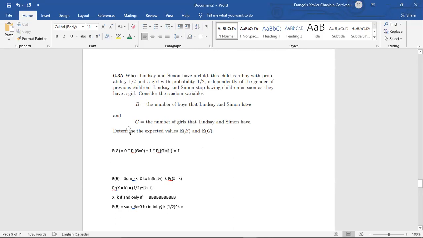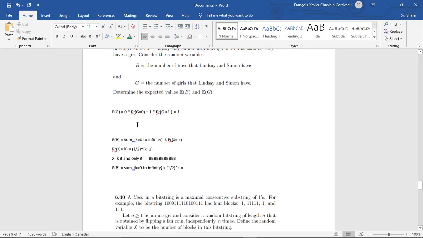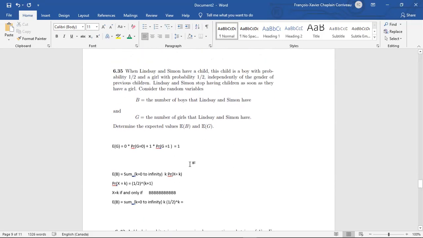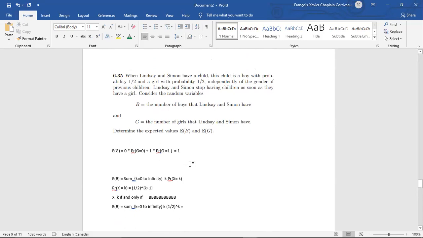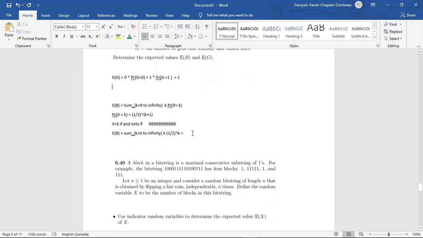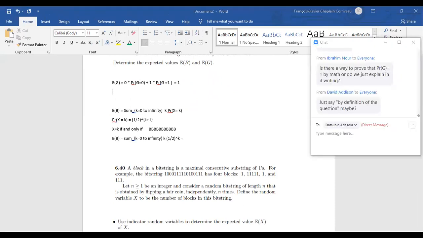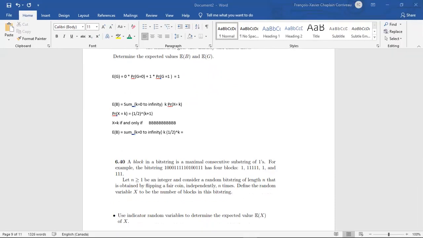So can I find in some easy way... yeah, no, okay. Here you got 5/2. Is that what you said for the expected value?